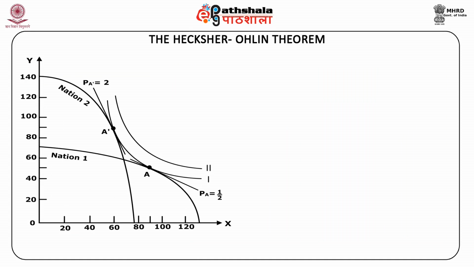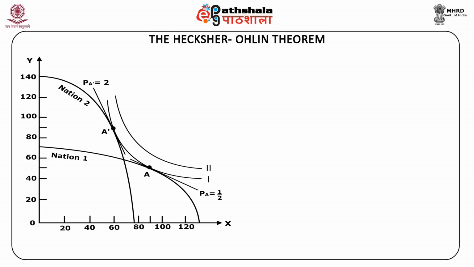In the diagram, we have the production possibility frontier of the two countries. Commodity X is represented on the x-axis and commodity Y is represented on the y-axis.